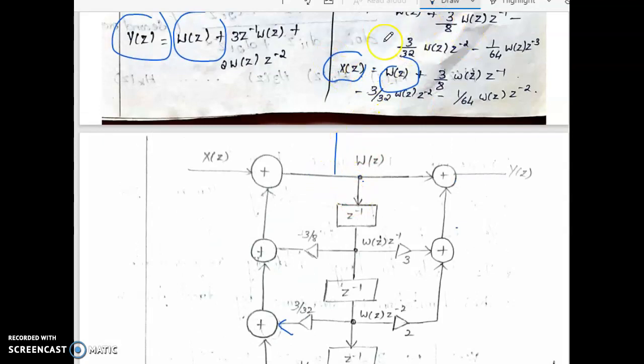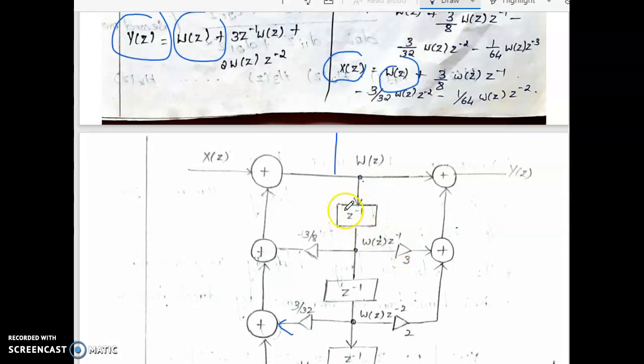We can rewrite this equation, meaning W(z) is equal to X(z) minus 3/8 W(z)z^-1 plus 3/32 W(z)z^-2 plus 1/64 W(z)z^-3. Then Y(z) has the value of W(z), so we directly add that signal. Then 3 times W(z)z^-1.